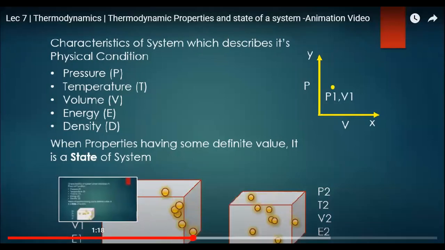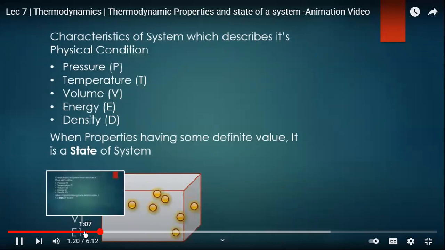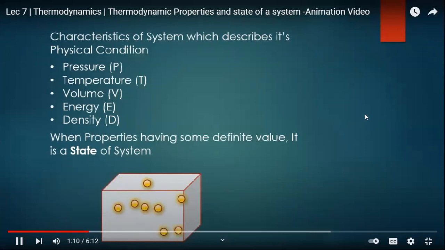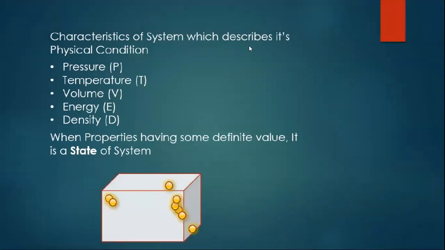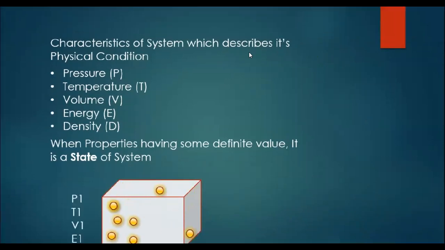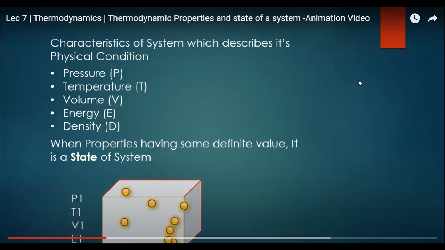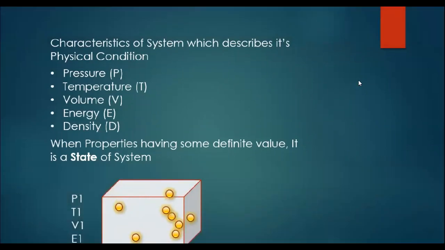We will run, and the temperature we can make a cube having some volume and it is having some amount of gas inside, that molecules are moving. So we can say that it is having some amount of pressure P1, and the temperature we can measure it using a thermometer and the pressure by using a pressure gauge, and we can say that it is having a pressure P1 and temperature T1 and its volume is V1 and the total energy of the system is E1. So these are the properties, and we can, when we are specifying some specific value to all these properties, it become a state of the system.